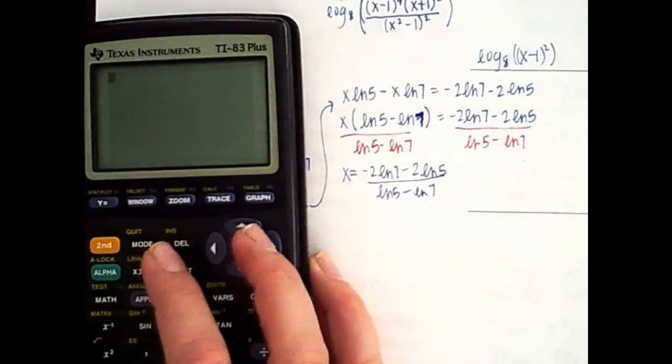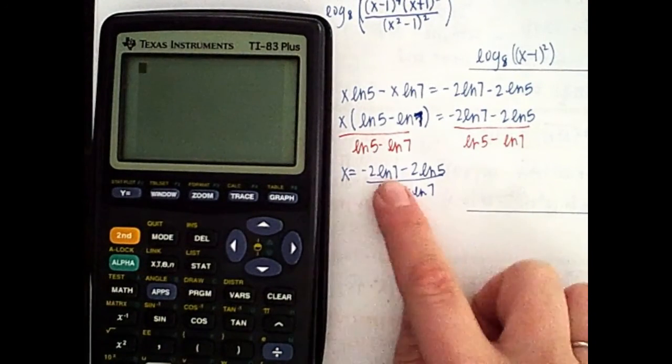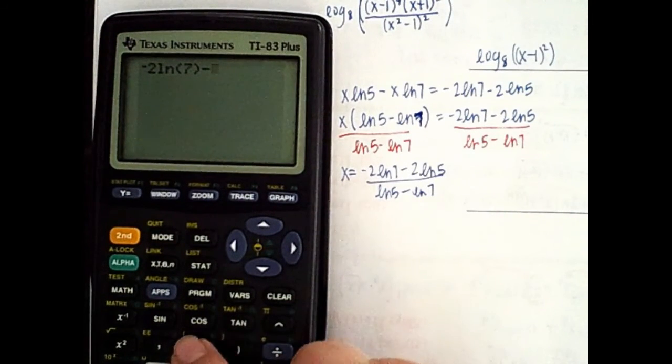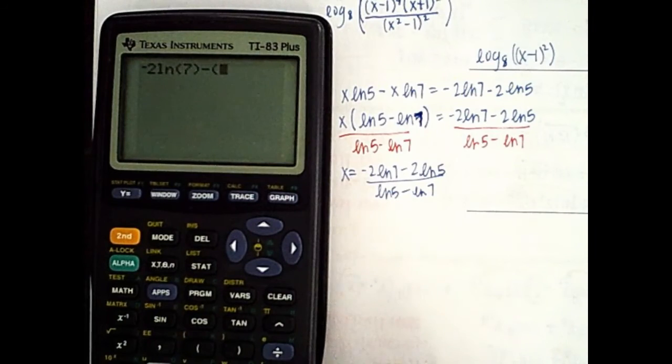Okay, so into your calculator, what you're going to do is I would first just do the top. So it would be negative 2 ln of 7 minus, and I'm going to put this all in parentheses, so 2 ln of 5, end parentheses, end parentheses.